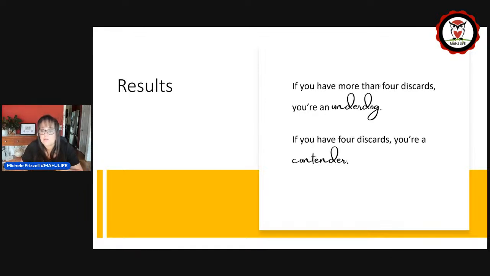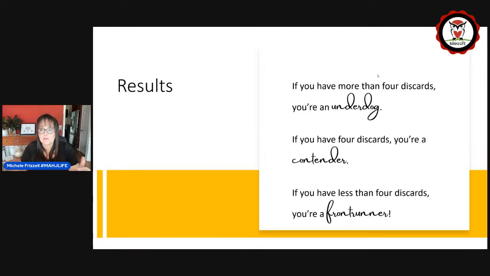If you have 4 discards, you're a contender. You have a good chance of winning if you have 4 discards after the Charleston. And the next one would be less than 4. If you have less than 4 discards, I'd say you're a front runner. So when I say these numbers, more than 4, 4, and less than 4, that means that you know what category you're in.